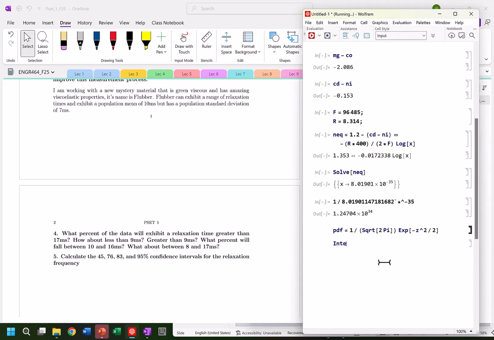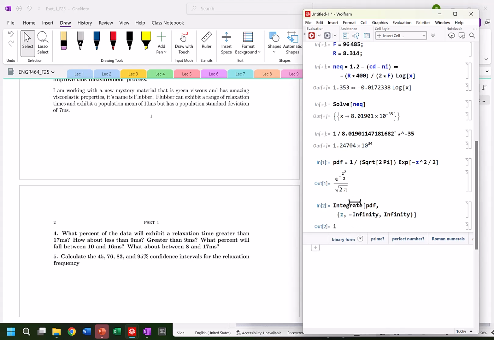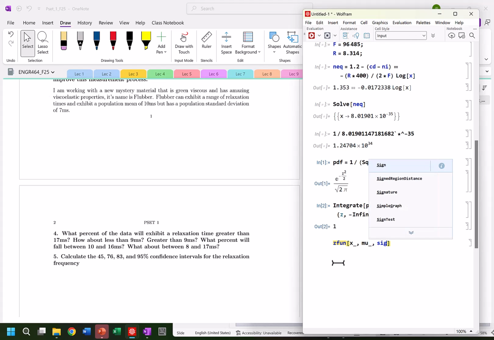And I'm going to just prove that by integrating the PDF over z from minus infinity to infinity. Great, that'll work. And now my z function is going to be x, mu, sigma, set equal to x minus mu divided by sigma.